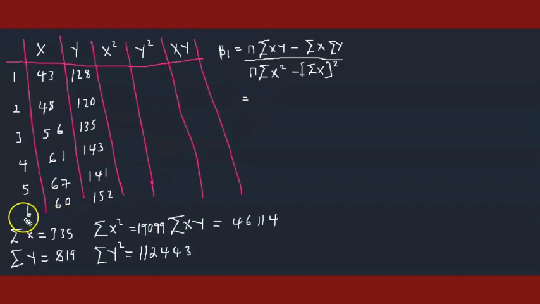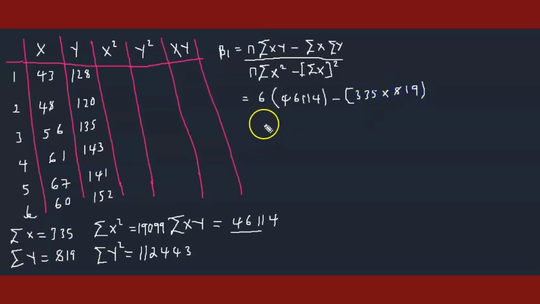So you have n, which is equal to 6 here, the observations. So it will be 6 there. Then you have this one: summation of x, divided by summation of y, which is 8 and 10.